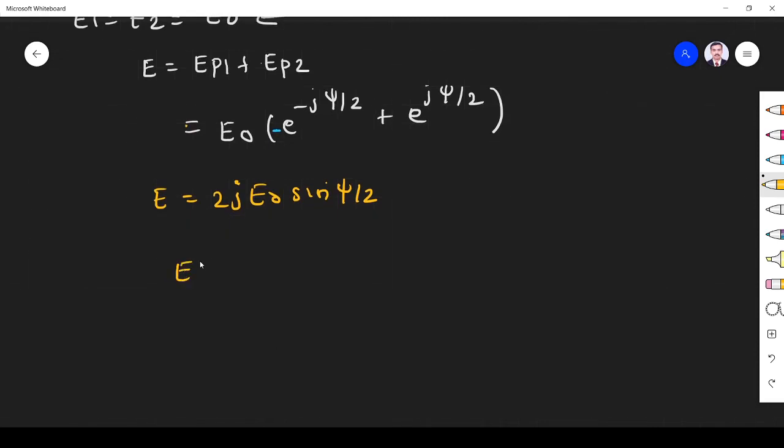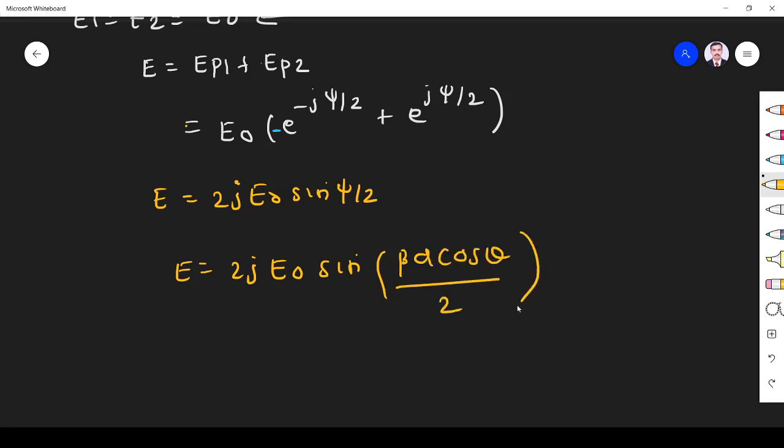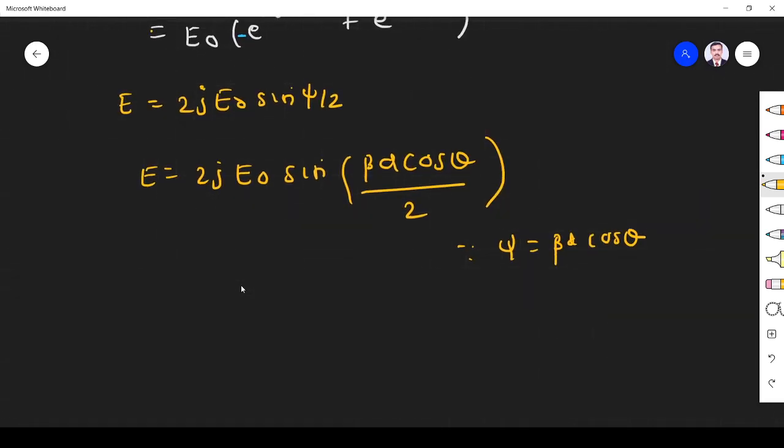So E is equal to 2j E naught sine of beta d cos theta divided by 2, because psi is equal to beta d cos theta. If you don't know, please refer to my video on array of 2 point sources with the same current and same amplitude.